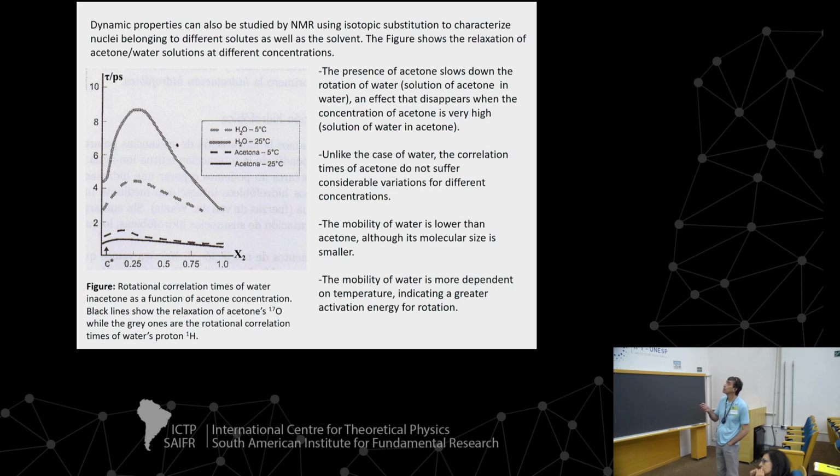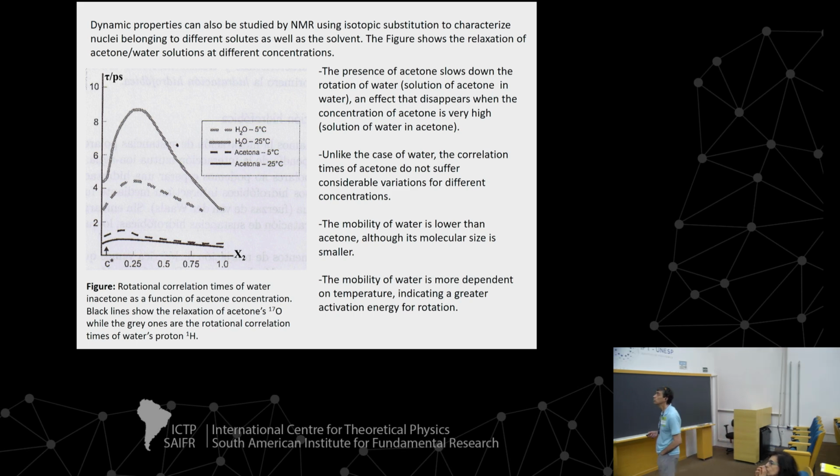This decreases the rotational motion of water since the time scales begin to increase, but at some point this tendency changes, since instead of acetone in water you are going to have water in acetone. But this restriction is what matters, since water around acetone is more ordered, less free to move.